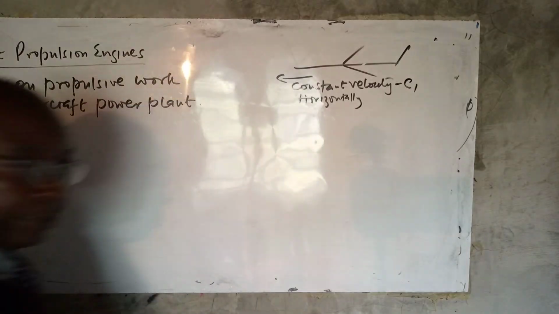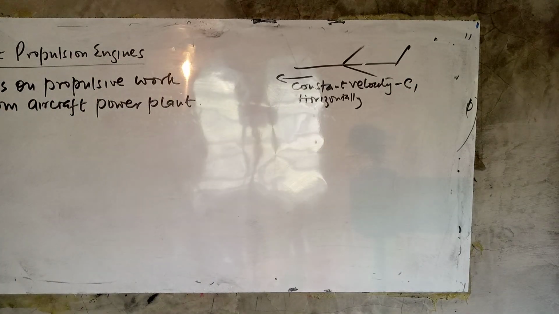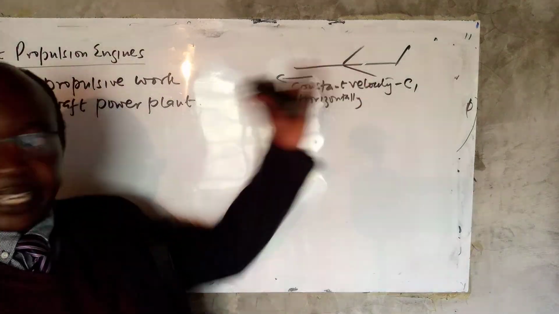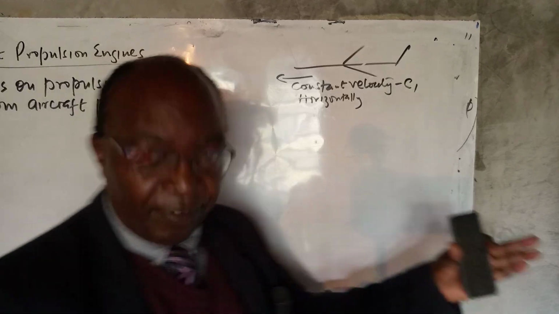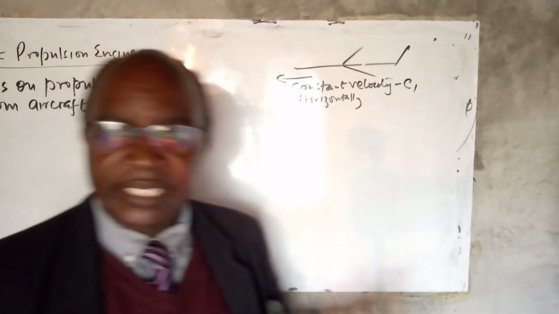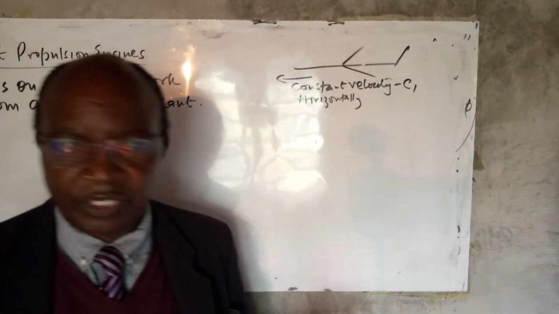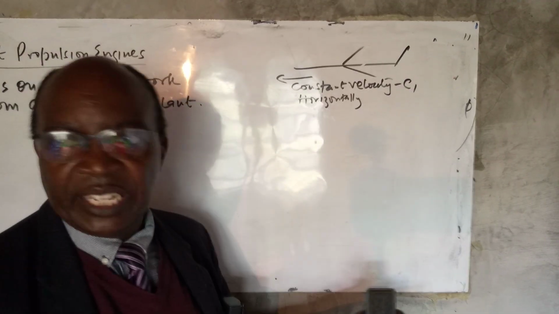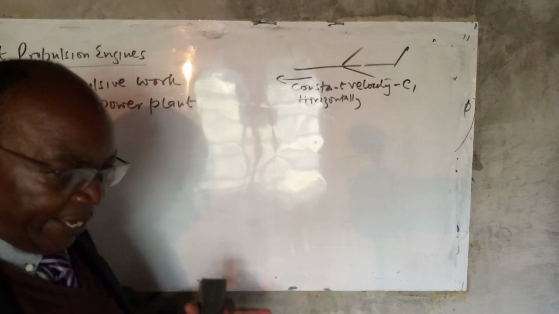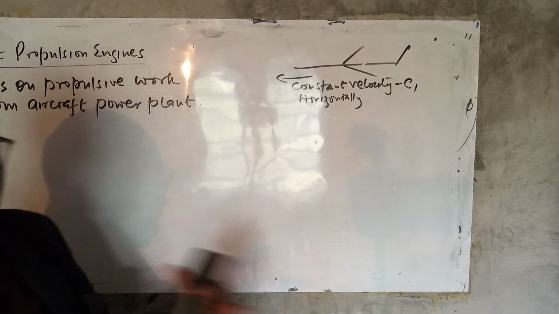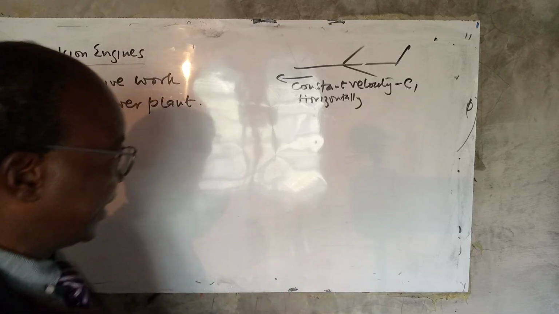I call that C1. Now, when this aircraft is moving forward, it experiences aerodynamic forces which resist its movement in the air. So we can think of that as kind of air resistance.